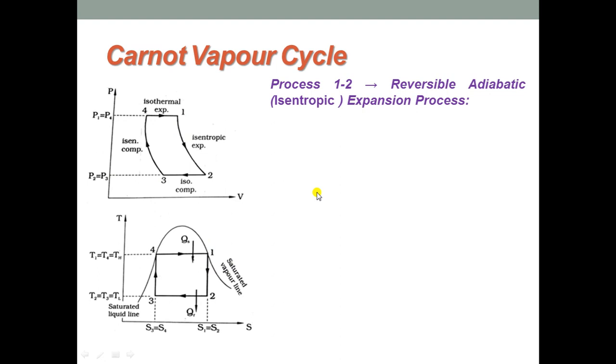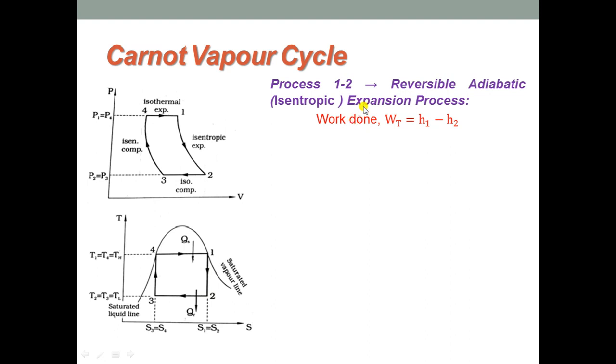At the beginning of the process, the dry saturated vapor leaving the boiler enters the turbine at condition 1, where it is expanded isentropically, that is adiabatically, to low pressure and temperature at condition 2.